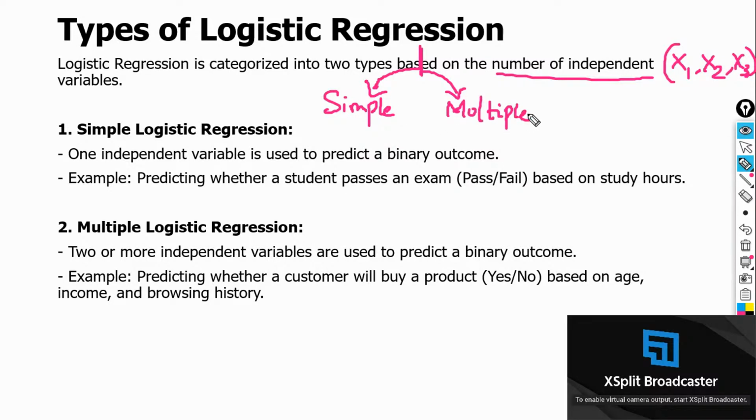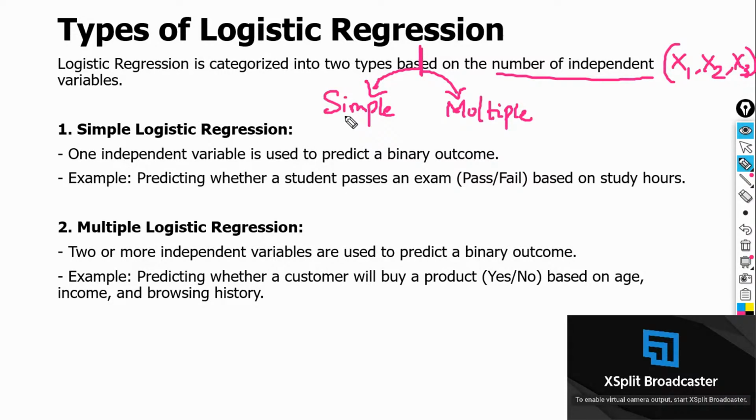So you mean, is it similar to linear regression with respect to the types? Yes. Do you remember linear regression types? Based on the number of independent variables, linear regression is also classified into two types: simple, multiple. So how do you define simple linear regression?